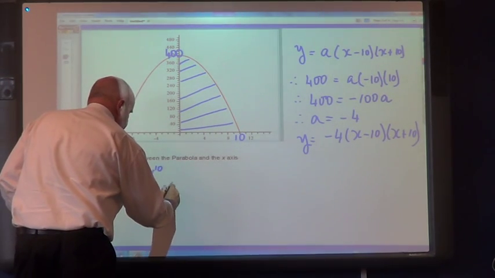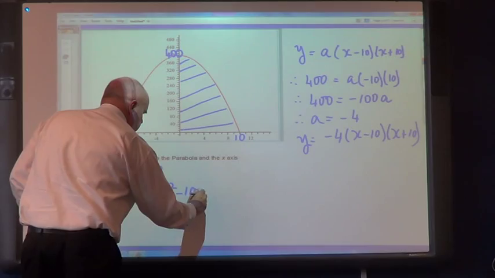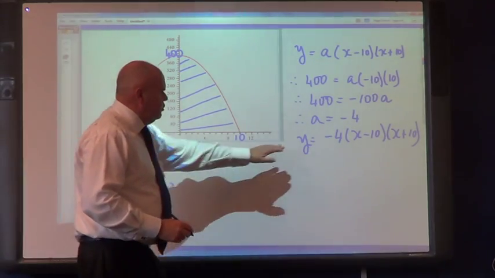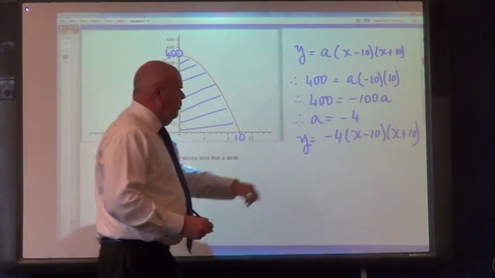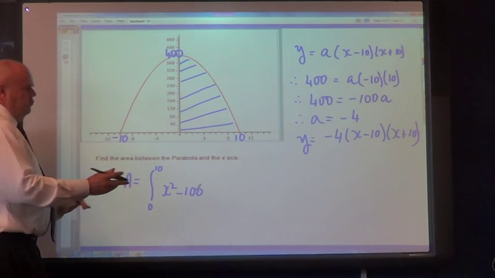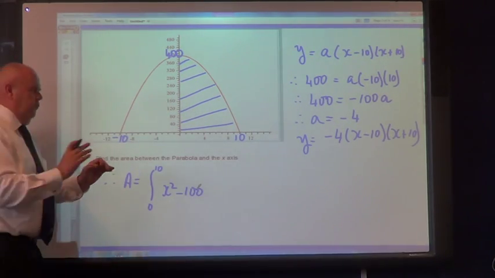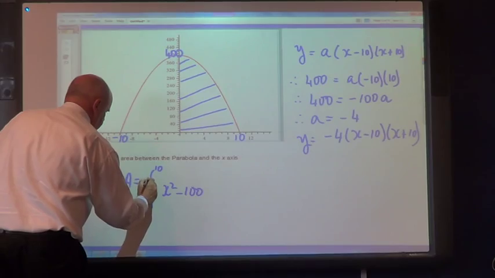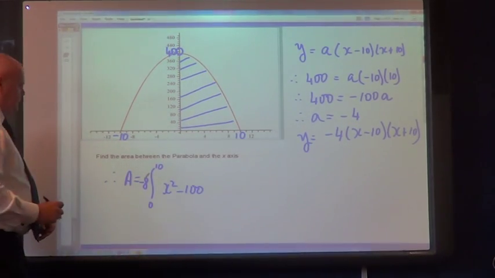Now I just want to show you something else. That's my difference of 2 squares, which I have to multiply by negative 4. But because I need to multiply my answer by 2, it's going to become negative 8, like so.